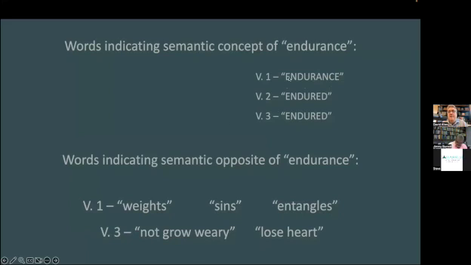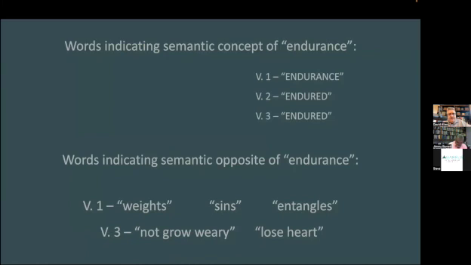The author is saying, here's what you should do, and then this is what you don't do. Do this right there, endure. Don't do that right there. Do you see that? And this is why word studies become important. They help you to understand the meaning of your text.